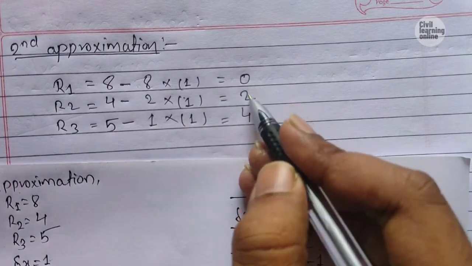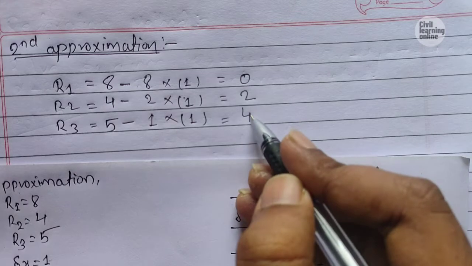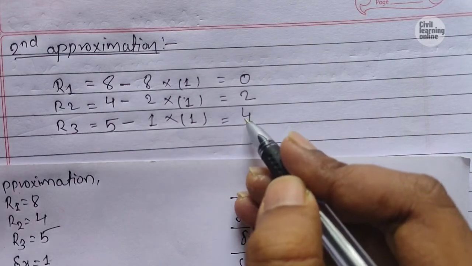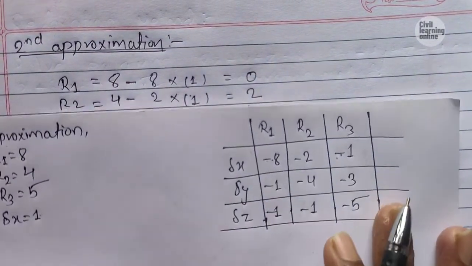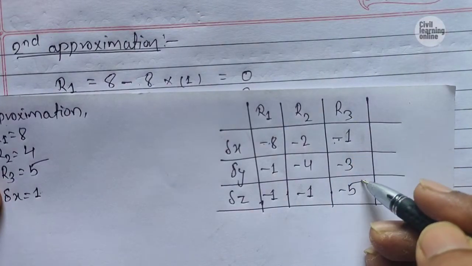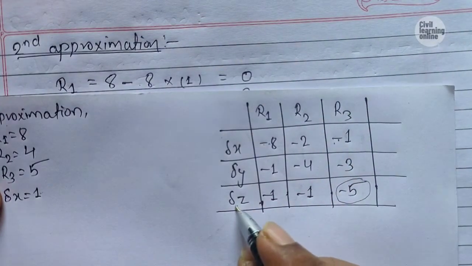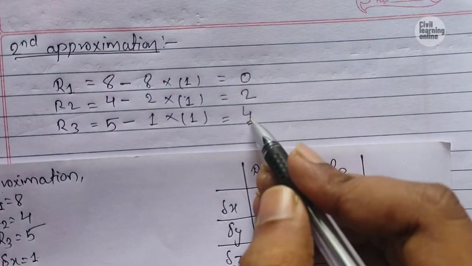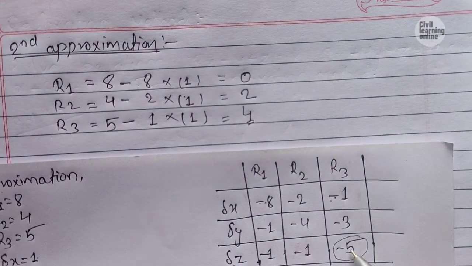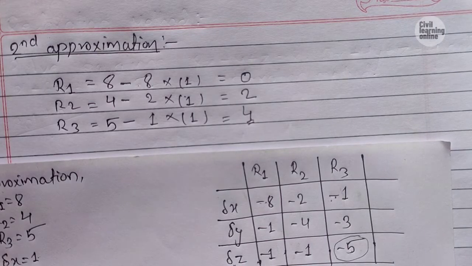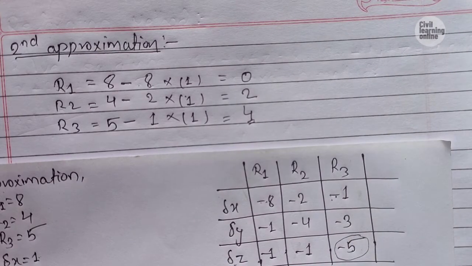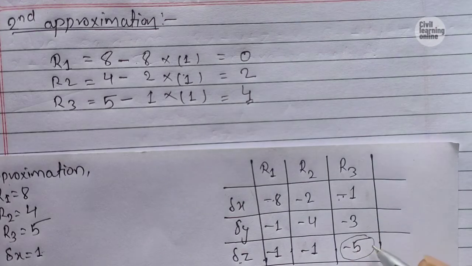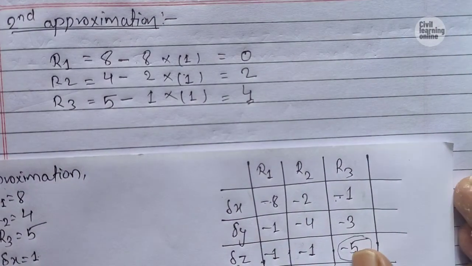Now among all these three values, we have the greatest value 4, and this is for r3. And in r3 we have del z. So we have to divide this 4 by the value of del z, and this time again while dividing we need to divide with the opposite sign.